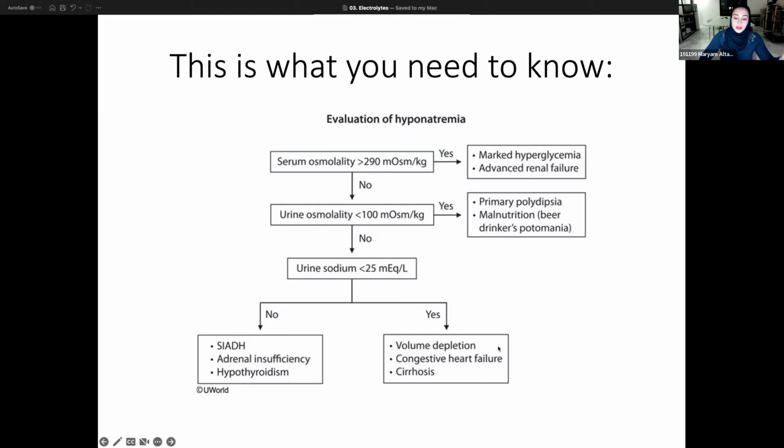So you're going to get volume depletion, congestive heart failure, cirrhosis, all those things we talked about. If urine sodium is high, so your urine is very concentrated, okay, then you're going to start to think of a syndrome of inappropriate ADH secretion, adrenal insufficiency, and hypothyroidism, okay? So this is what you need to know in a nutshell.